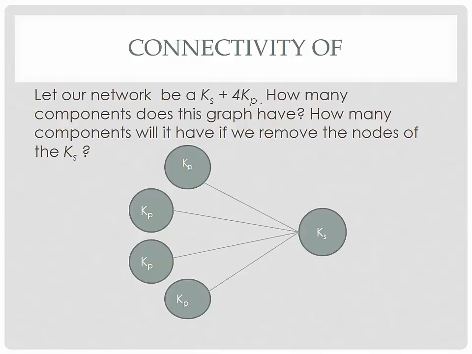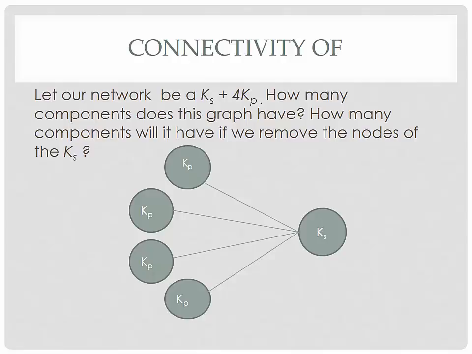In the picture below, where we have the KS joined to the 4 copies of a complete graph on P vertices, we have a single edge depicted, but what we mean is that every node in the KP is joined to every node in the KS. So if you were to choose one of the KPs together with the KS, the network induced by those two would be complete.